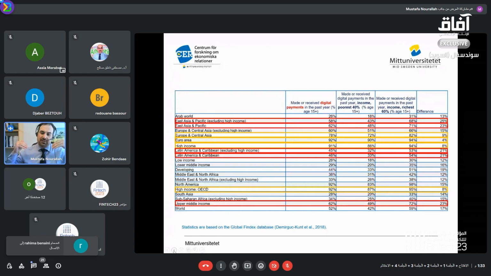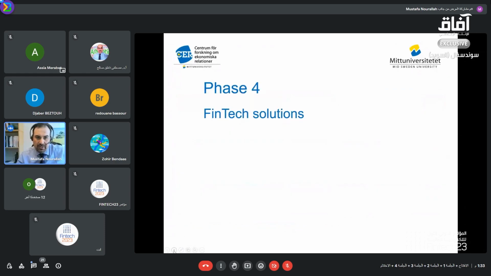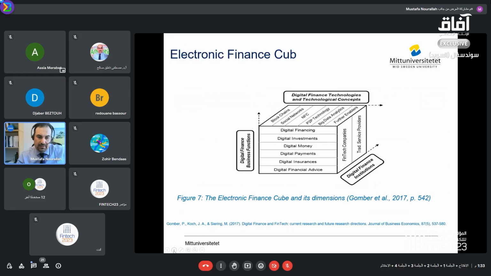Meaning that if someone has high income and a high amount of wealth and lives in this red area, he or she will be able to access digital payments more than if he or she belongs to those who receive a lower amount of income.